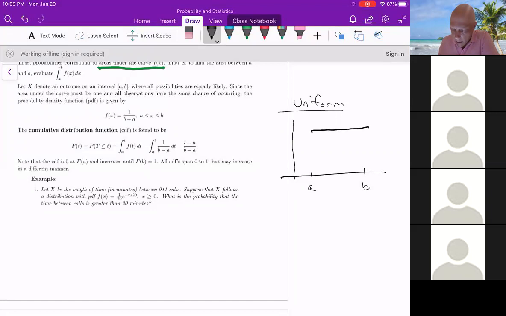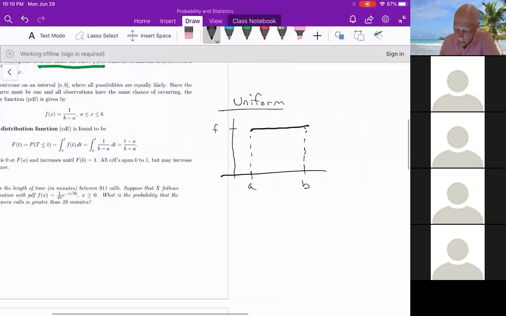And keeping in mind that the area under this curve has to be 1 for this to be a valid distribution, you think to yourself, okay, well then what is the height here? And you remember, oh, this is a rectangle or a square, depends on how good of a sketch you do. And so this is some f times the width.